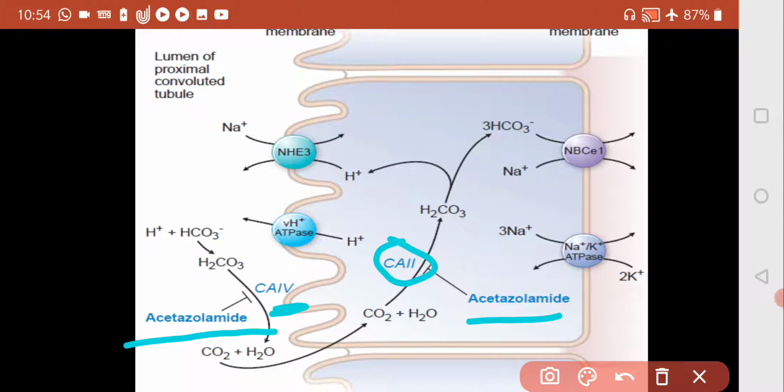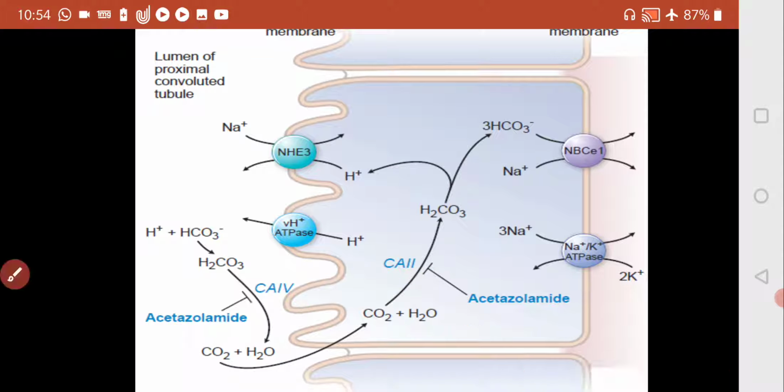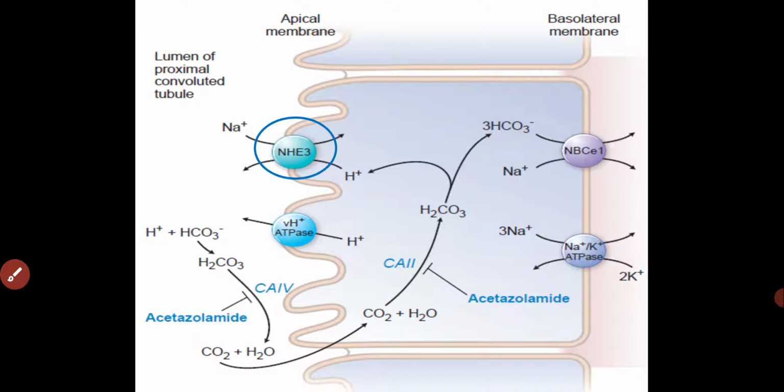So how does the mechanism of action of acetazolamide occur? Let's see. First, there is the sodium H plus antiporter. Sodium is going inside the cells, and H plus goes outside the cells into the lumen side.